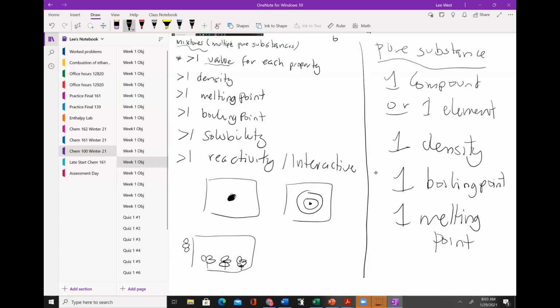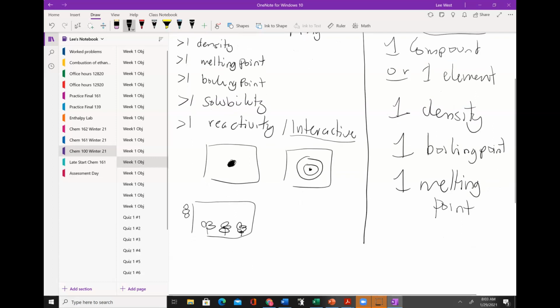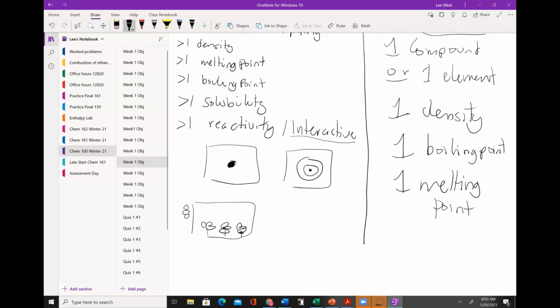Now, when we look at how things interact with other things, a good example of this is if we dissolve a substance into a solvent and we drip it onto paper. That drop of liquid will spread out, but if there's a mixture, the different components present in that drop of liquid might move through the paper at different rates because they have different ways of interacting with the paper.